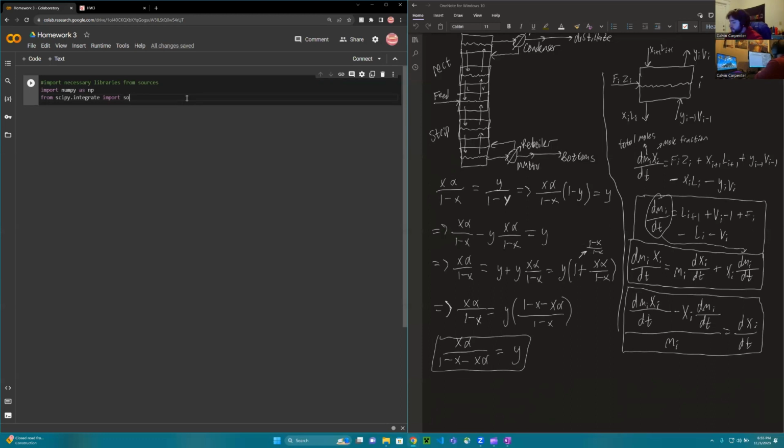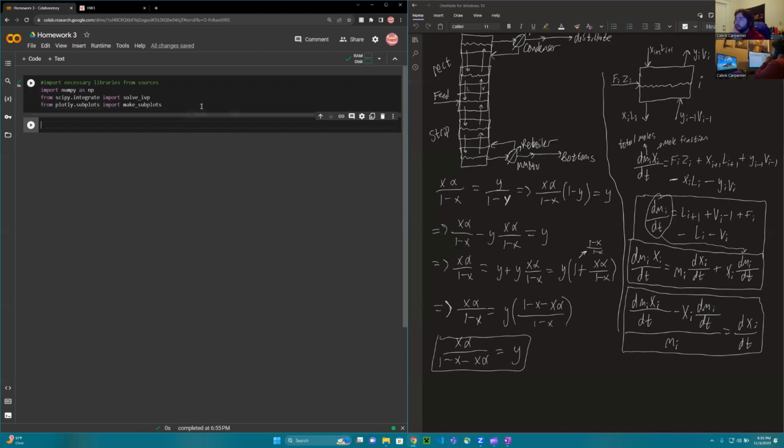Did it solve? Do you recognize that? Yeah, it did. Okay. Well, I think that's all the inputs we'll need. We can always add more later on if we need to.